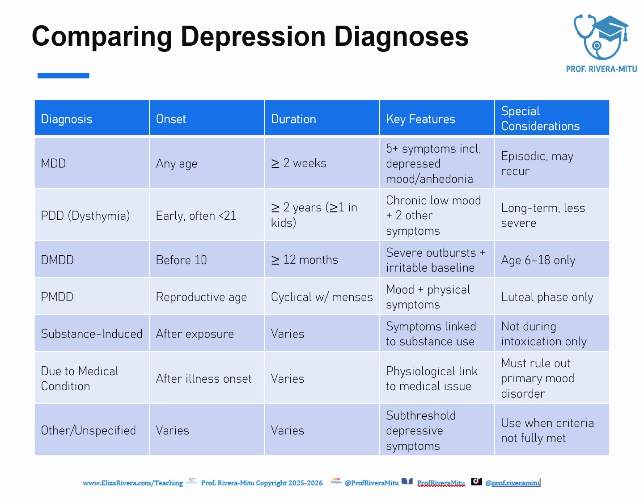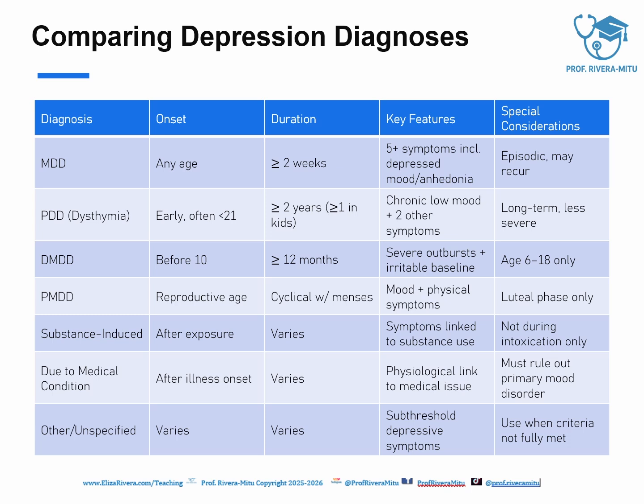This comparison table is crucial for differentiating types of depression. Focus on duration, onset, and distinct features. For instance, MDD is acute but severe, while PDD is chronic but less intense. PMDD is clearly tied to menstrual cycles. DMDD is pediatric and non-episodic.